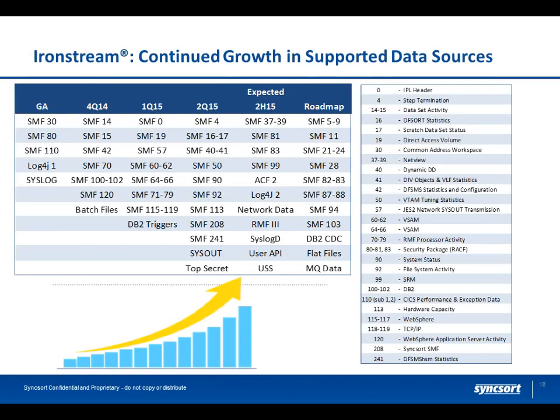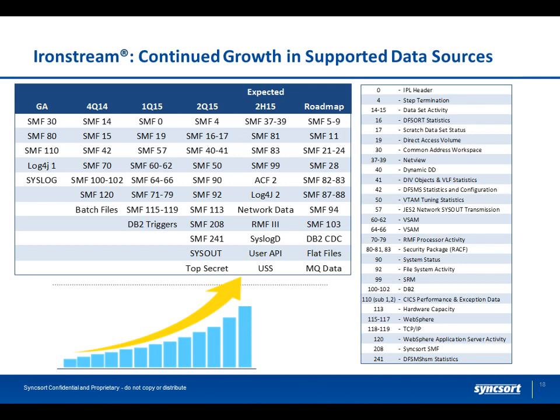So RMF Monitor 3 data is actually getting built today. We are working to get the RMF Monitor 3 data in real time and send that information via Ironstream to Splunk, and that will include everything that's collected by RMF Monitor 3 through the distributed data server today.